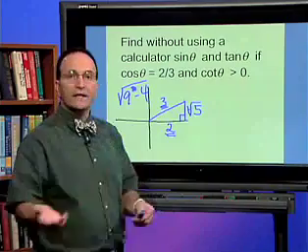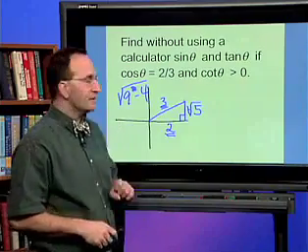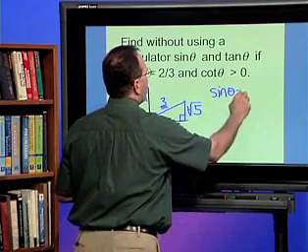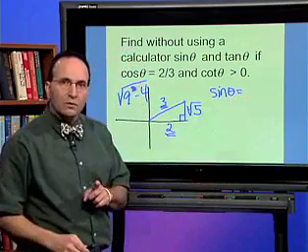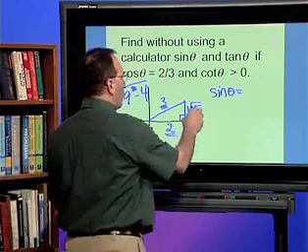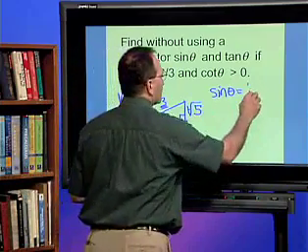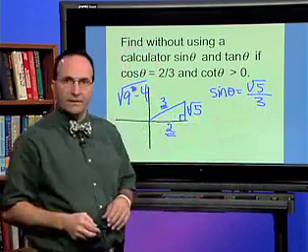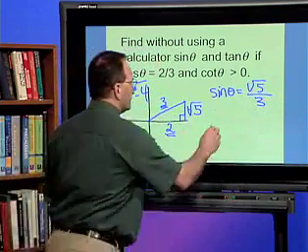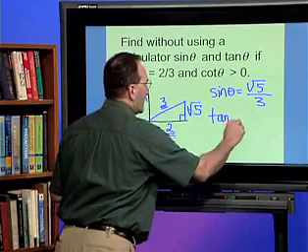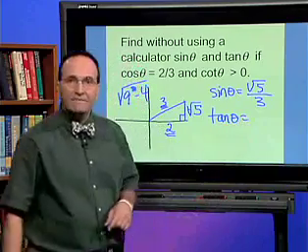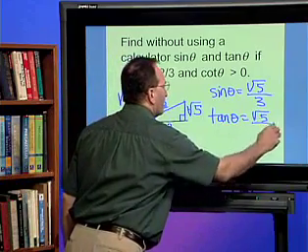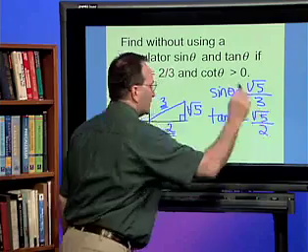We've got all the information we need in order to find the sine and tangent. The sine of theta is going to be the y value over the r. So the y value, of course, is the square root of 5, and the r value is 3. The tangent of theta is going to be the y value divided by the x value, so it's the square root of 5 divided by 2.